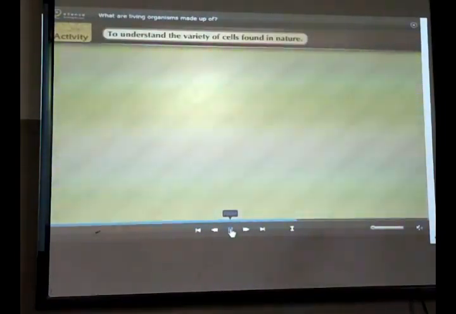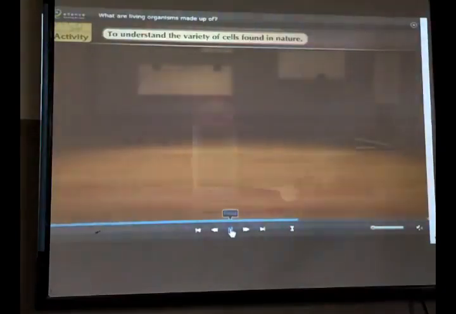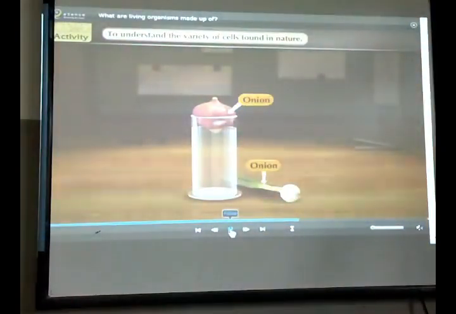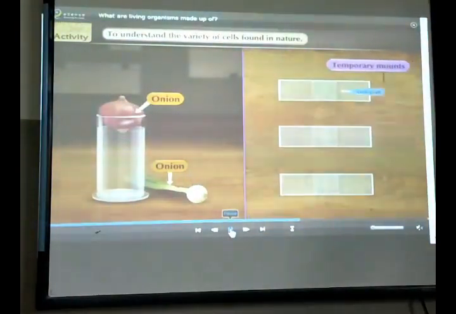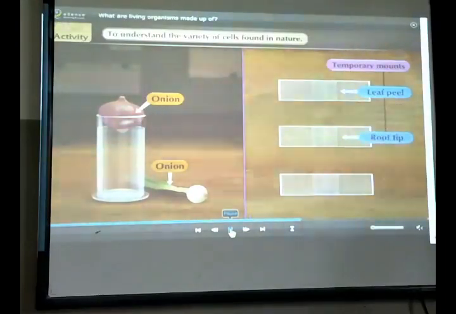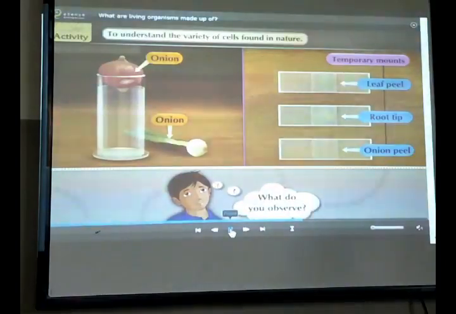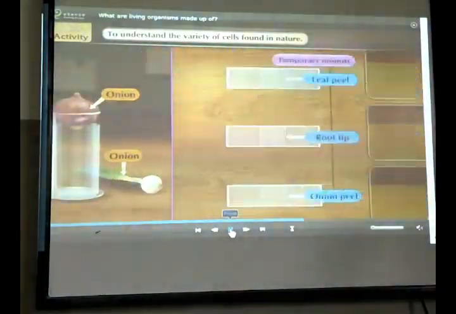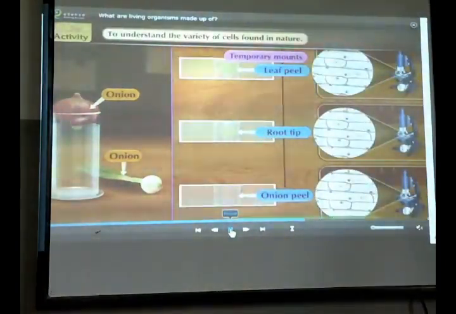Now, to understand the variety of cells found in nature, see the onion bulb, how to make temporary mounts, leaf peel, root tip, onion peel.